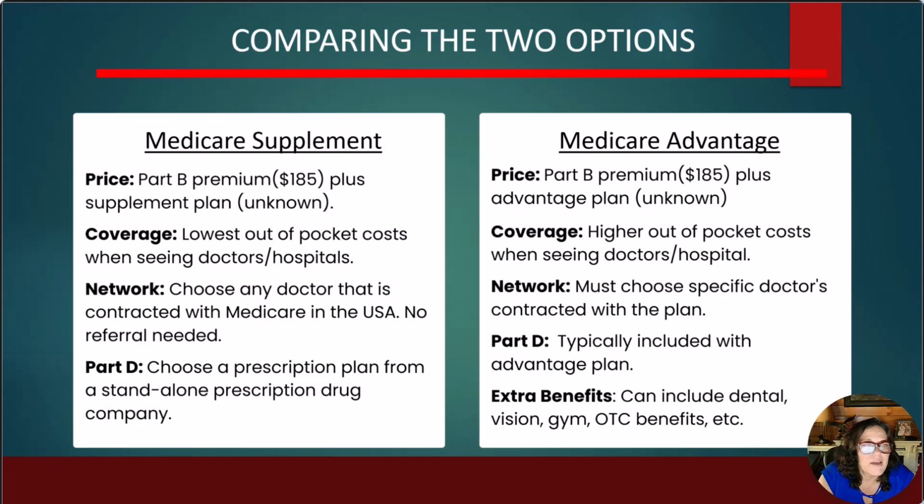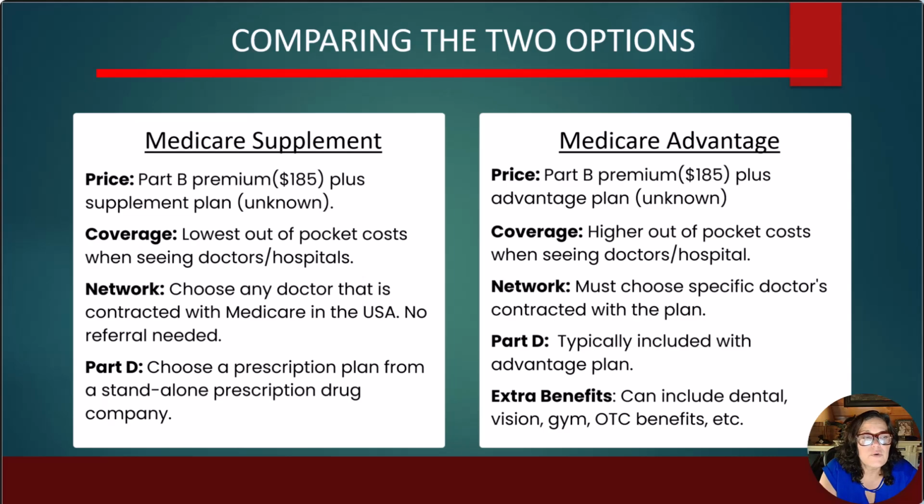A lot of you have the Medicare Supplement Plan. You're paying your Medicare Part B premium and the cost of the actual supplement. That's based on your age, whether you're a man or a woman, and where you live. These types of plans give you the lowest out-of-pocket cost. So you have a monthly premium, but very little out-of-pocket when you see a doctor or have a hospital stay.